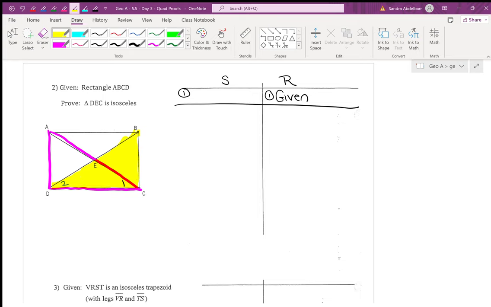Is angle 1 a full angle in the purple triangle? Yeah. Is angle 2 a full angle in the yellow triangle? Yeah, absolutely. So now I'm going to use properties of a rectangle to help us get these triangles congruent. Who can remember a property of a rectangle that can help us get these two triangles congruent?